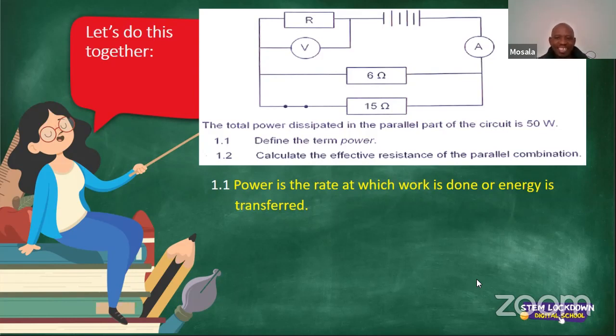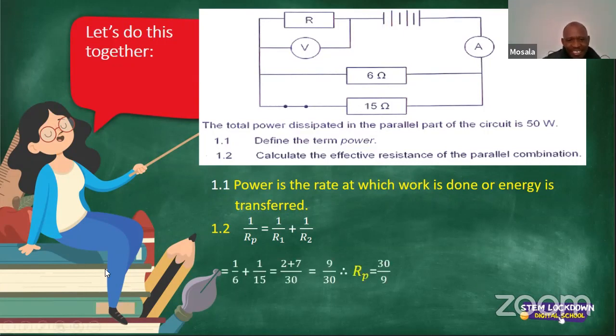And then calculate the resistance of the parallel combination. How do you calculate the resistance of a parallel combination? Right, we use the equation 1 over Rp equals 1 over R1 plus 1 over R2.